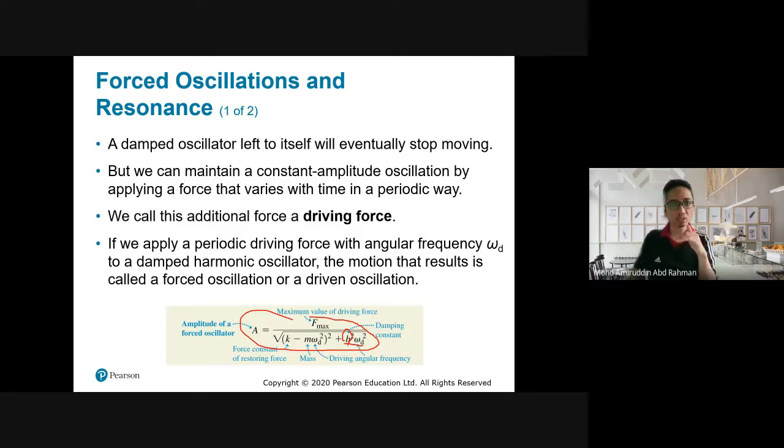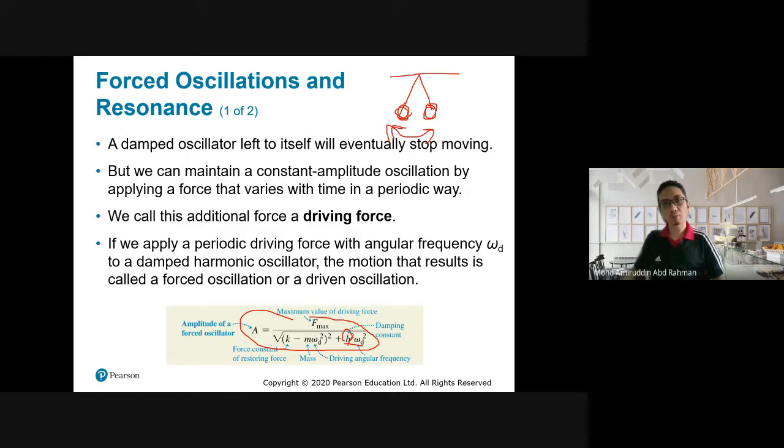Like a pendulum, I give you another example. We want to make sure it is in motion, but in the real world, it will stop moving after some time. But let's say we want it to stay following simple harmonic motion.